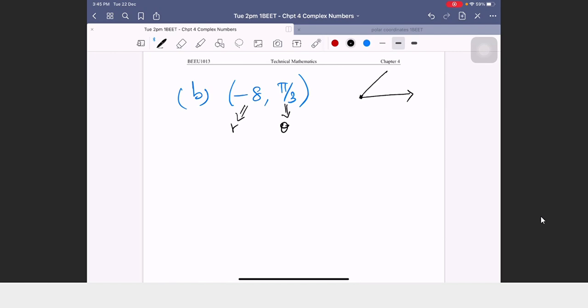Pi over 3 is 60 degrees, isn't it? So assuming this is the polar axis and this is pi over 3 or 60 degrees, the negative r means you go this way. So from the pole you measure 8 units, 1, 2, 3, 4, 5, 6, 7, 8, something like that. So that's the point there.